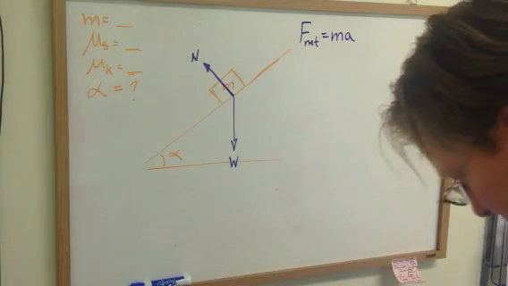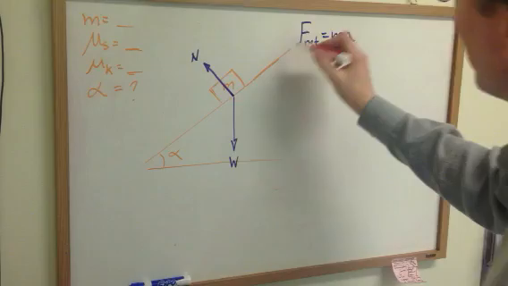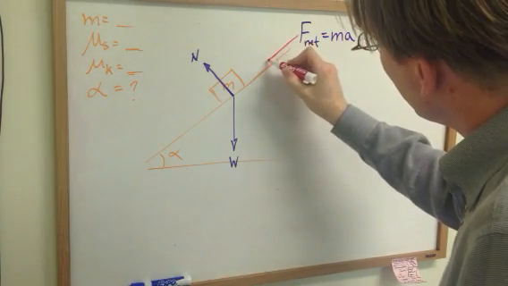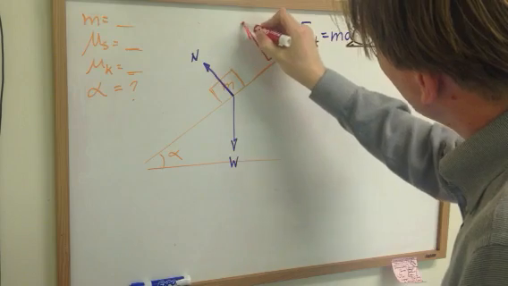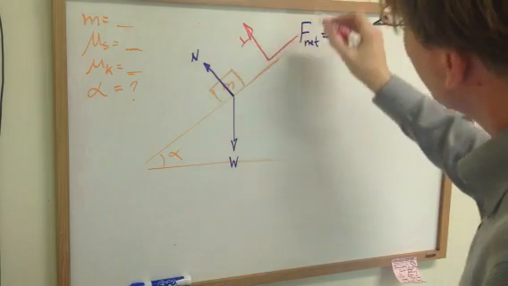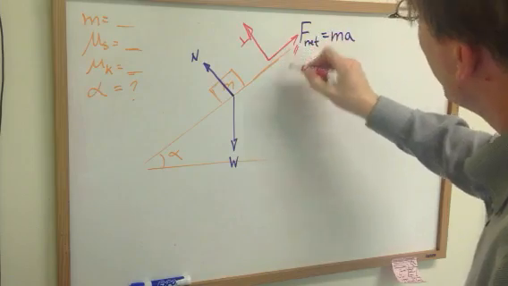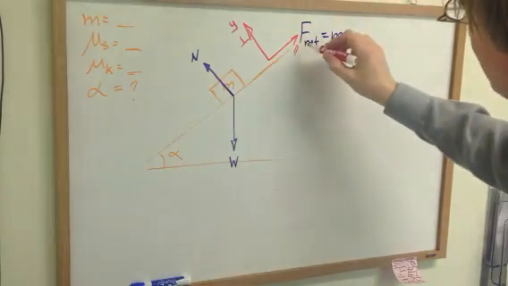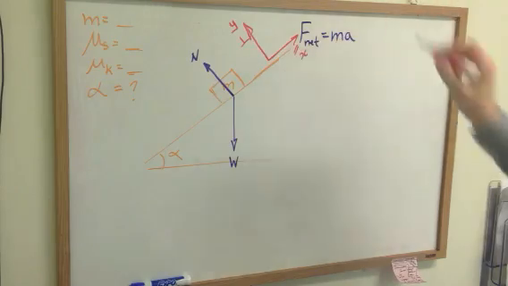Or, in our case, because this is at an angle, the coordinate system that we're going to choose is going to be parallel and perpendicular. I'm going to call this the perpendicular axis, and I'm going to call this the parallel axis. You might want to consider this the y-axis, and this to be the x-axis.